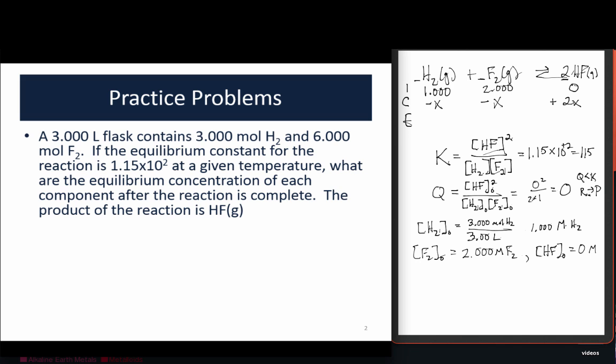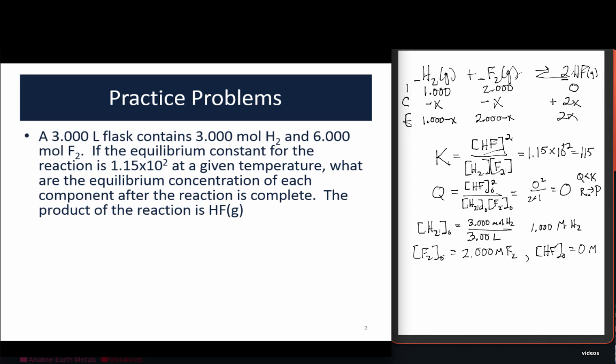HF. So at equilibrium, the E part of our ICE chart, we're going to have 1 minus x. For fluorine, we're going to have 2 minus x. And for HF, we're going to have 2x.